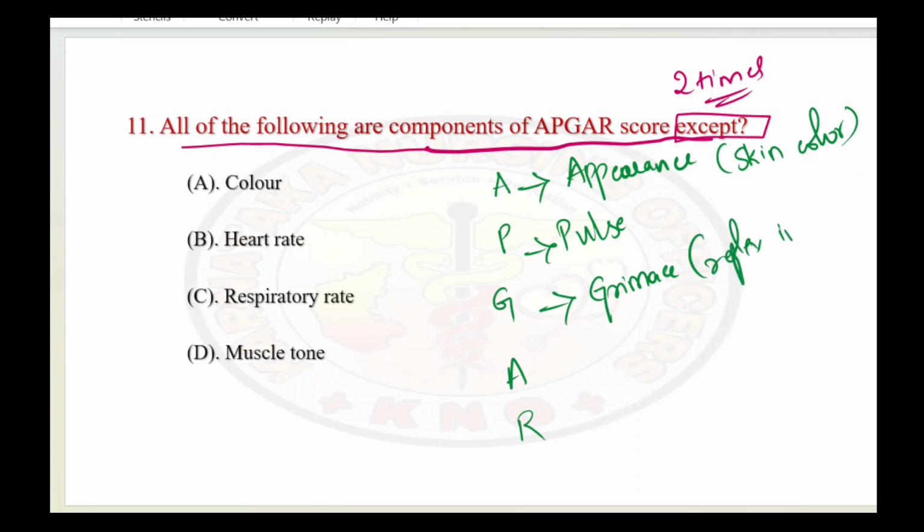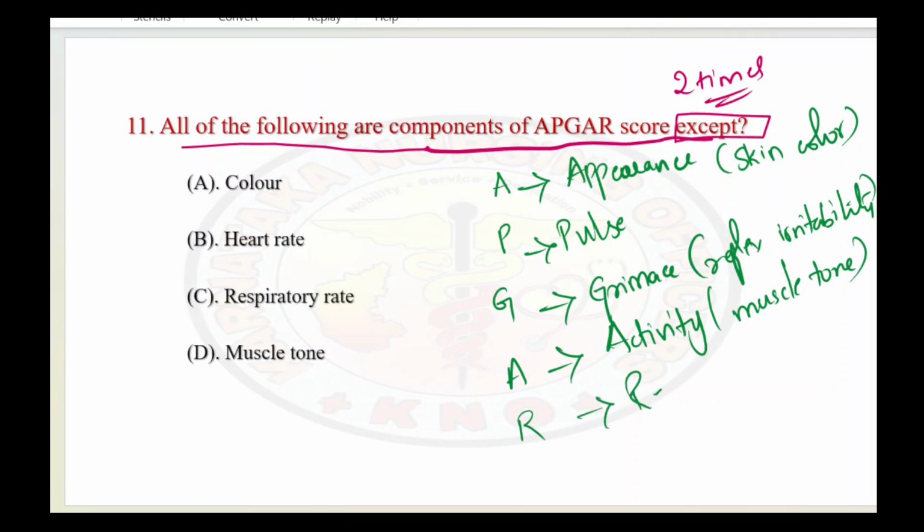Reflex irritability, we are going to check. Again, A. In this A, you are going to check the activity where muscle tone can be assessed. Final option is respiration. Okay, so this is Apgar.